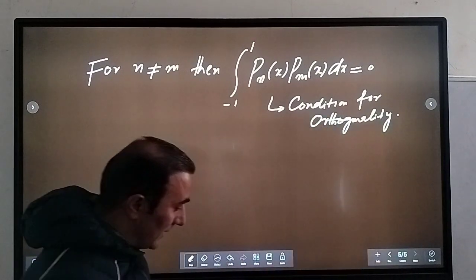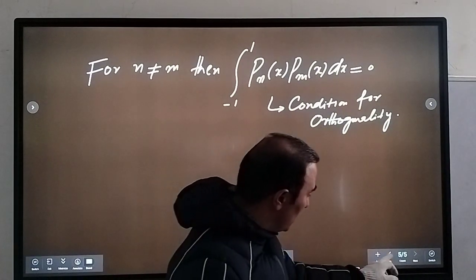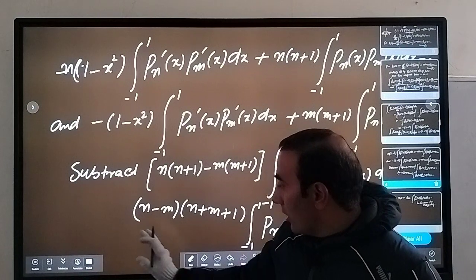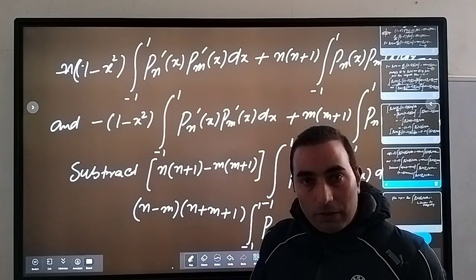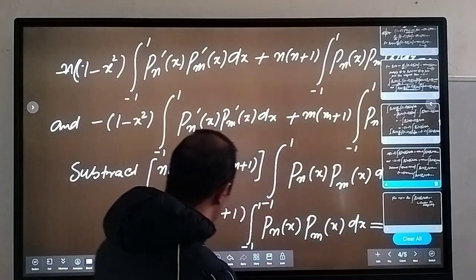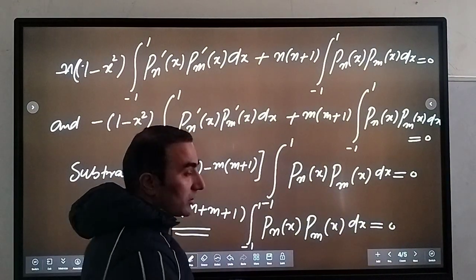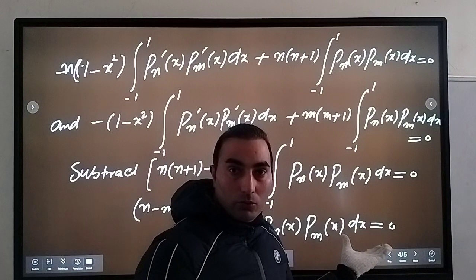Okay. Now the second case. The first one we took was if n is not equal to m. Now if we put n equal to m, this term is equal to 0, then this will not be equal to 0, right?